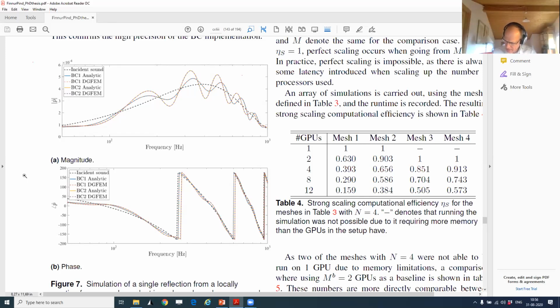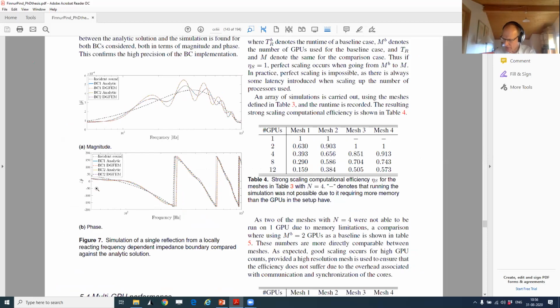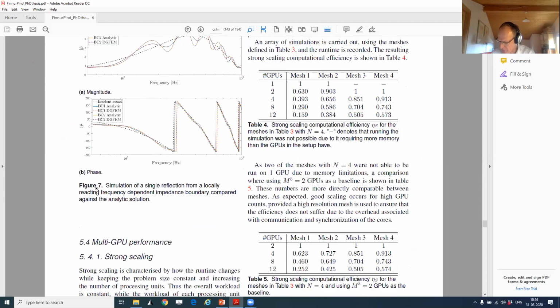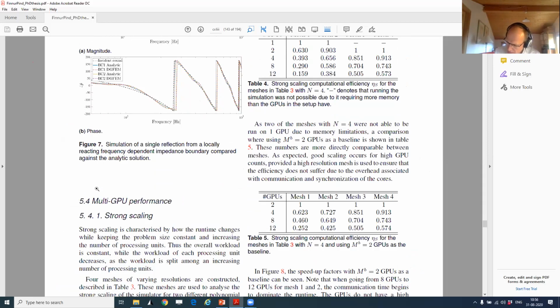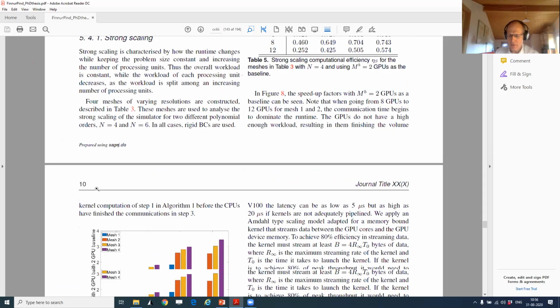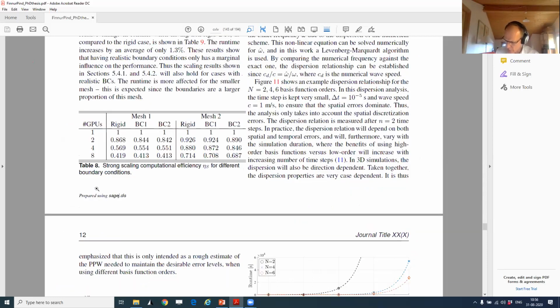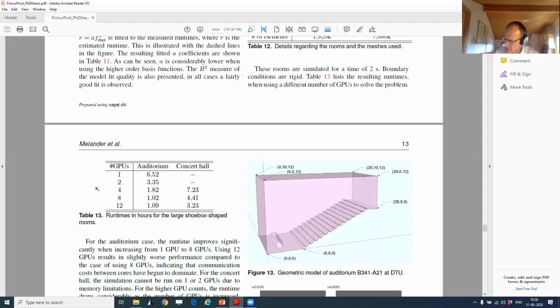Then it's interesting to look at how large problems you can study. And that leads to a question about this method versus the FDTD, because if I understand the results in table 13 on page 13, you have studied a huge concert hall which has a volume of 20,000 cubic meters.